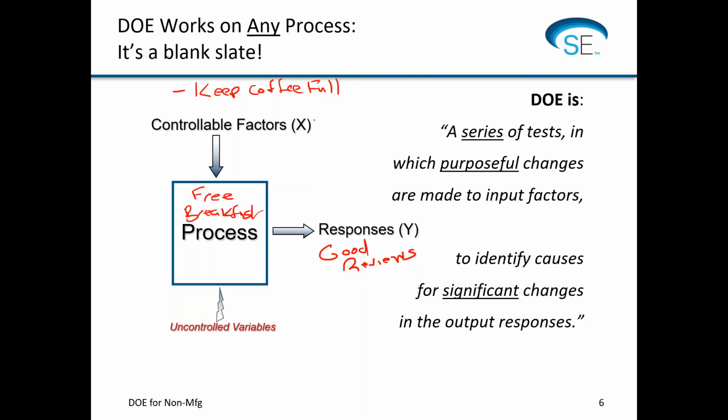So really then it's a matter of identifying what it is that you're working on and being really clear on drawing that box and defining what that process is, defining what you're going to measure that would quantify the output, and then beginning to consider what are inputs that we could control, and then doing some kind of a series of tests and making purposeful changes, not just collecting data at happenstance, but doing a planned experiment and then using statistics to identify what's actually significant as a filter.